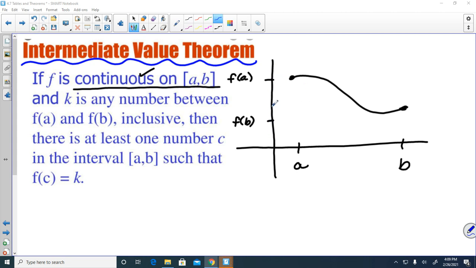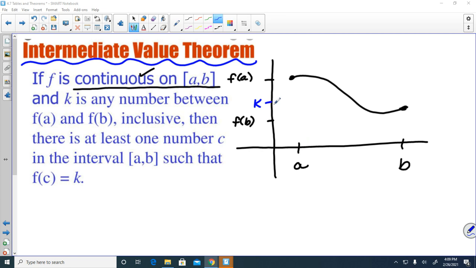So I'm just going to pick any number right here. Let's say this right here is k. That's a y value. Then there is at least one number c on the interval from a to b, such that f of c is the same as k.